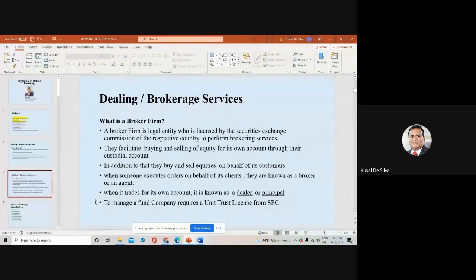There are small-time investors whose capital is not adequate to invest in a big way, and whose knowledge may not be sufficient to engage in these investments. Therefore, there are unit trusts that facilitate small investors.